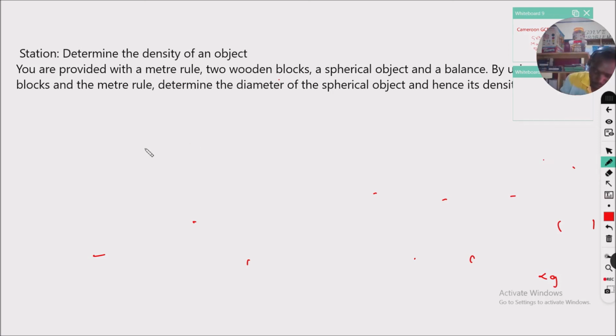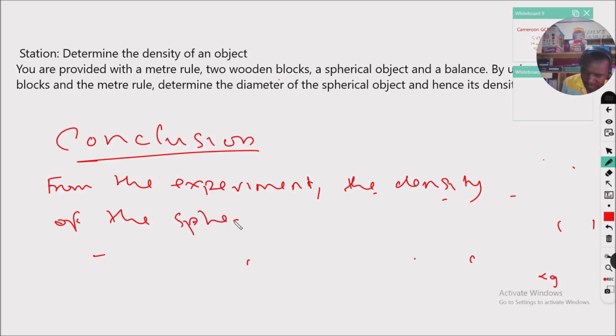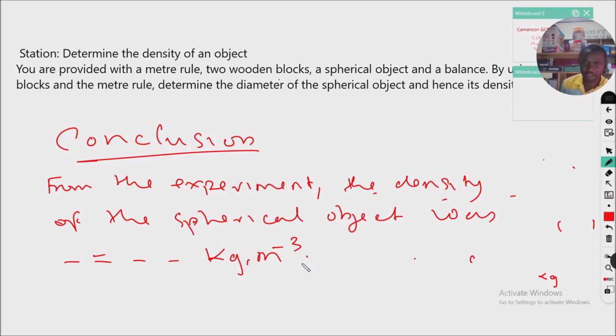So my conclusion will be: from the experiment, the density of the spherical object was some value in kilogram per cubic meter. That's what you have. And that's it. Very easy, straight to the point.